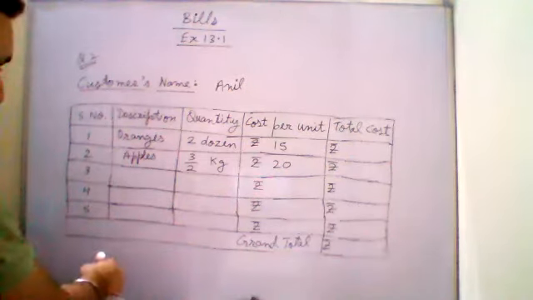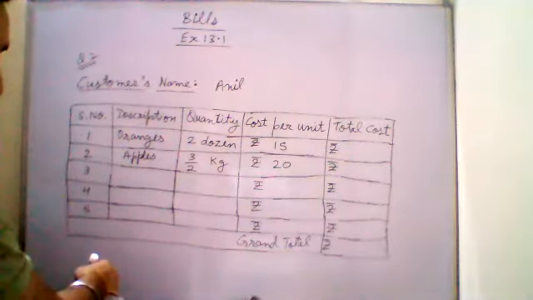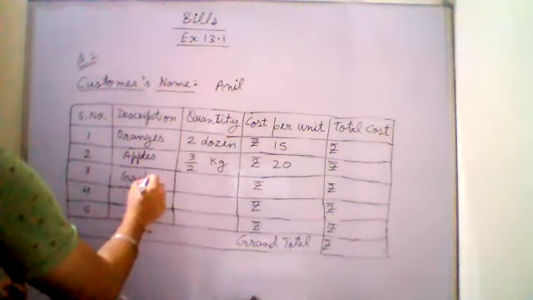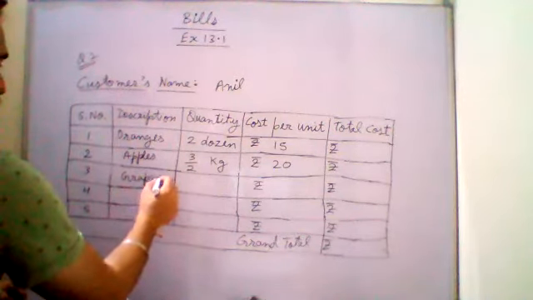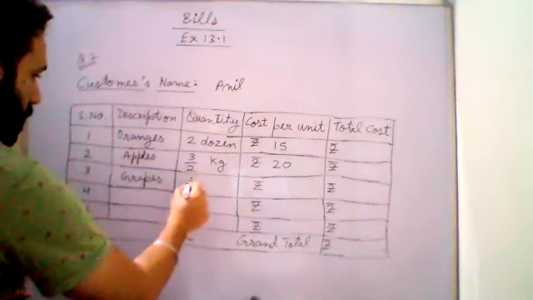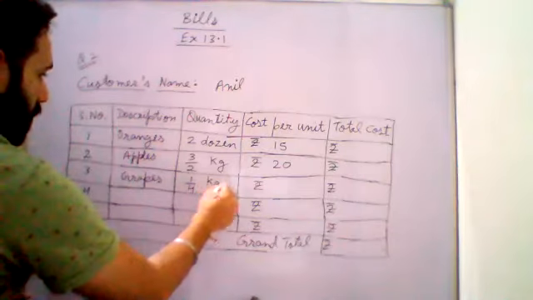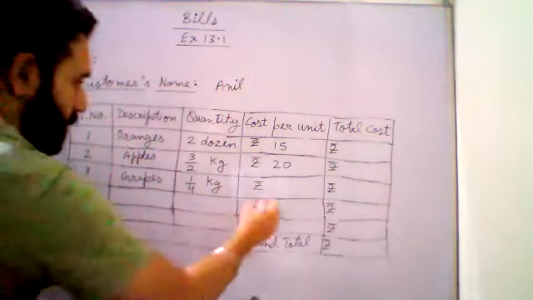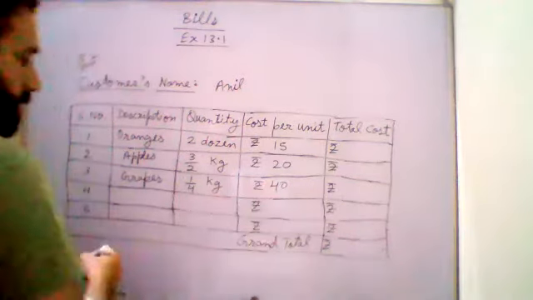He bought 1/4 kg of grapes, at rupees 40 per kg.